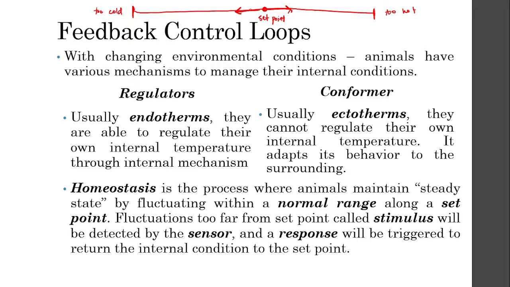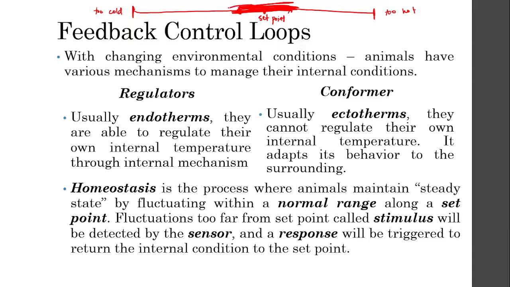It is a steady state wherein we have a set point that our body wants to be in, but because of the changing environmental conditions, our internal temperature is actually moving back and forth along this set point. It's not specifically within that point itself.